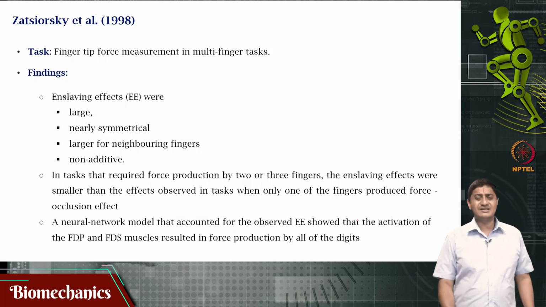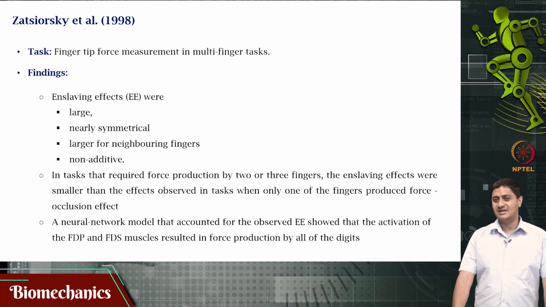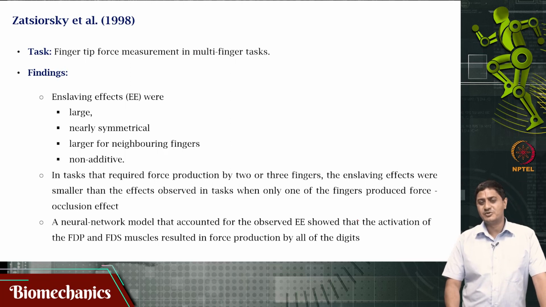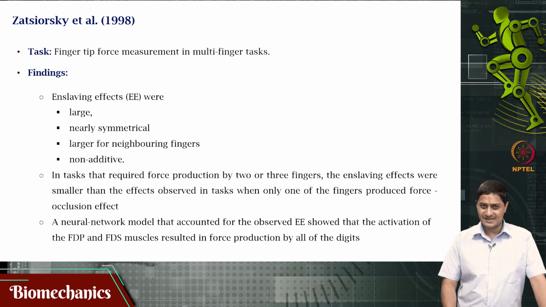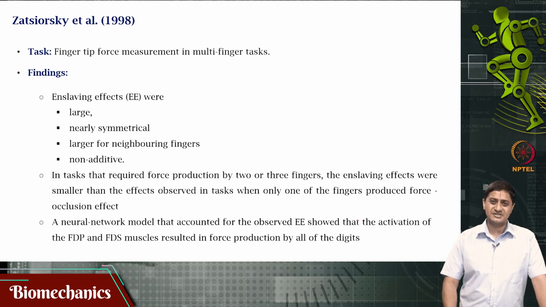And the enslavement effect is nearly symmetrical: the enslavement produced by one finger X on finger Y, and the enslavement produced by Y on X, are nearly the same, not exactly the same. Another finding was that the enslavement effect is higher if a slave finger is a neighbor of a master finger. So the enslavement effect is larger for fingers that are neighbors of each other.